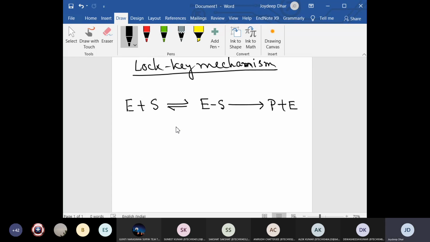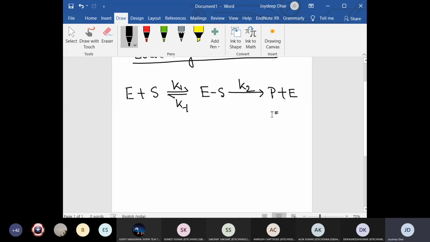I can invoke the same concept here: small k1, reversible k minus 1, and the final step is k2. The first step is the rate determining step.